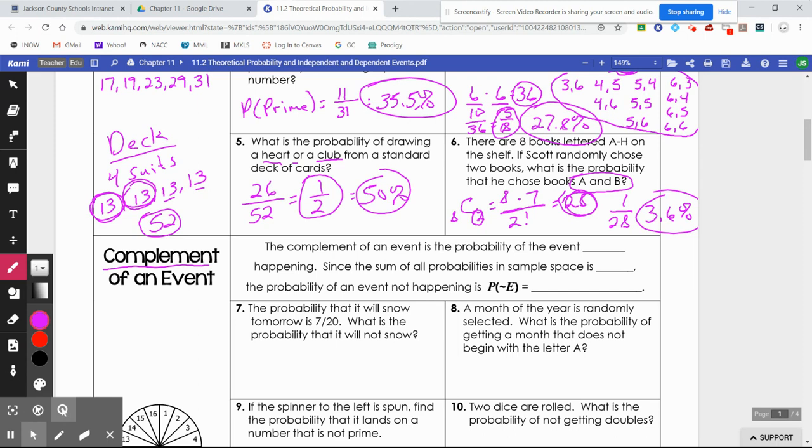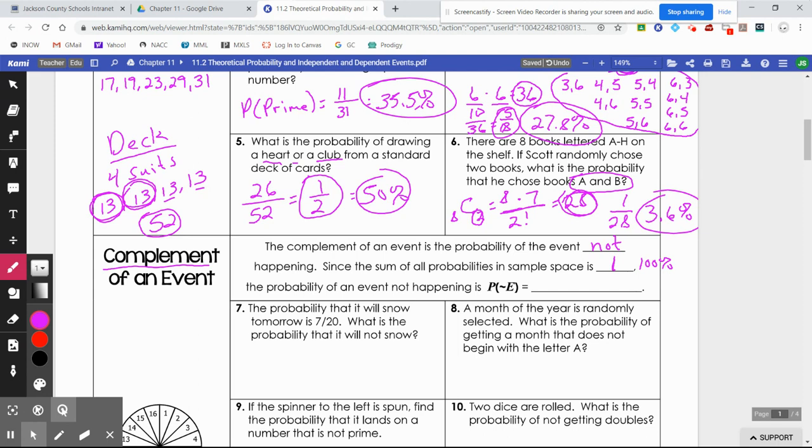The complement of an event is the probability of the event not happening. Since the sum of all probabilities in a sample space is 1, or 100%, you put both of them, that's the same thing.